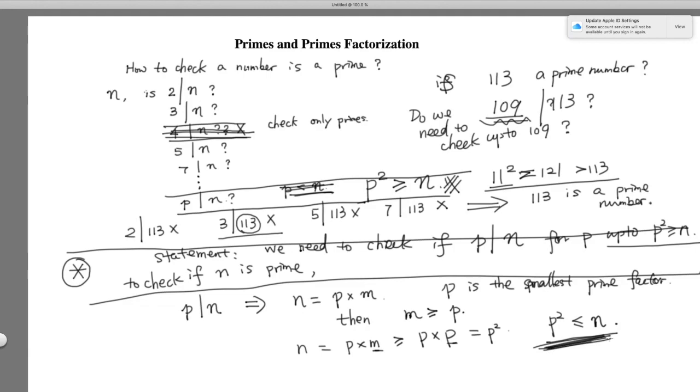So when I do the prime check, I only need to check the primes all the way up to p squared less than or equal to n. So here we talked about primes, and also how we check if a number is prime or not. And that's the end of this lecture.